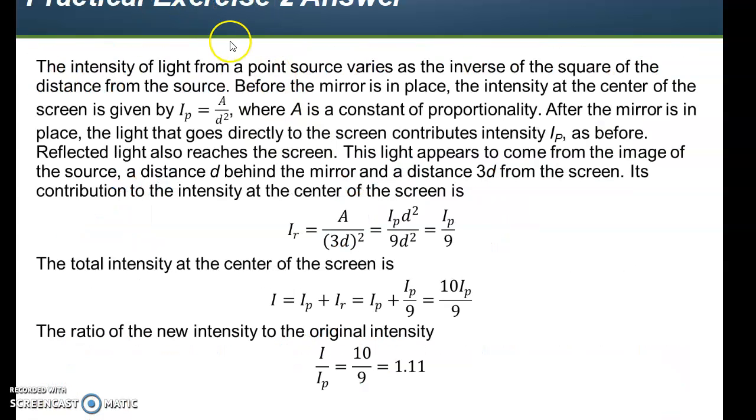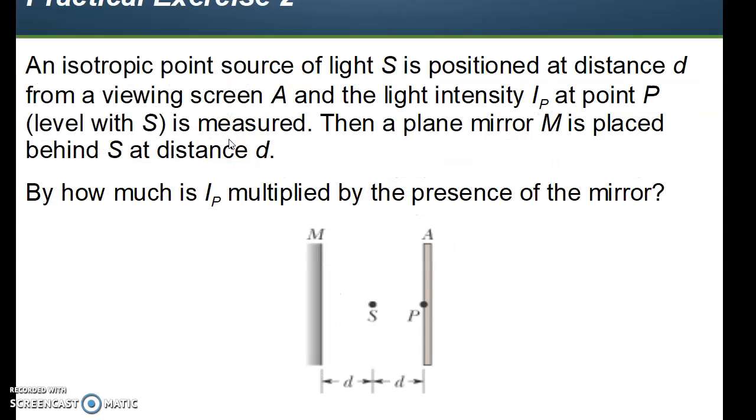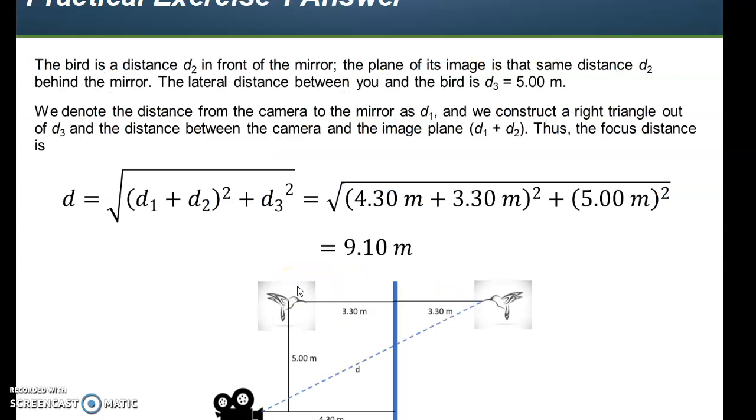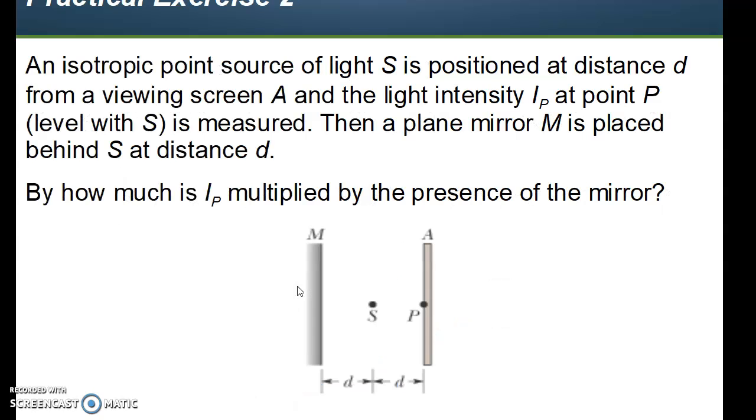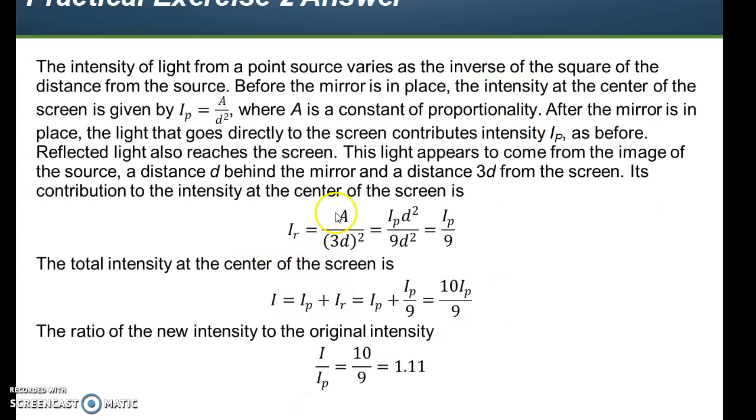The intensity from a point source varies as the inverse square of the distance from the source: Ip equals A over d squared. Here, in this situation, you've got 3d involved, don't you? Because the light is going to go to the mirror, then come back again. So it's going to be 1d and then 2d back.